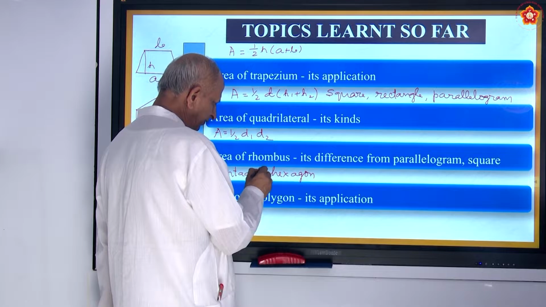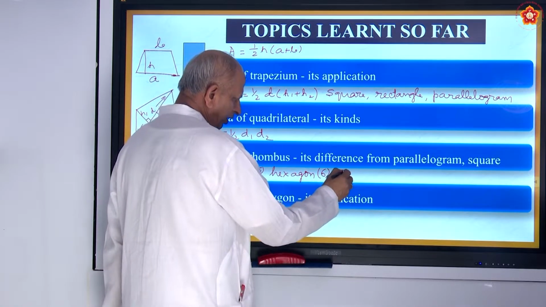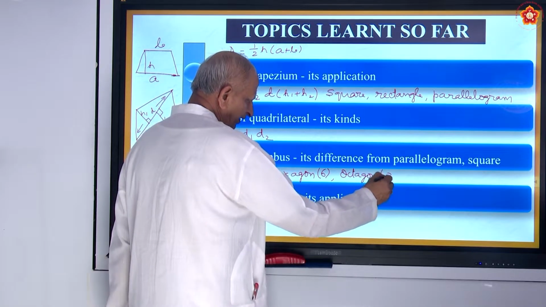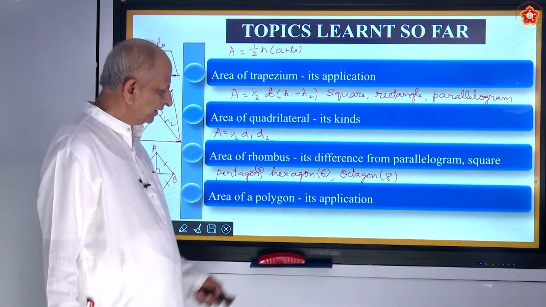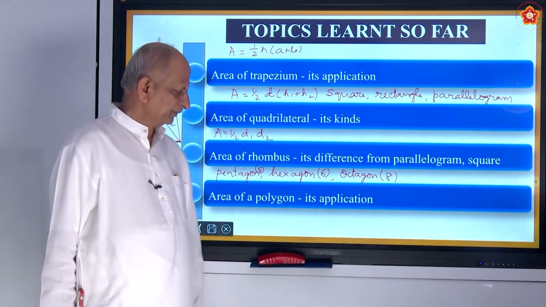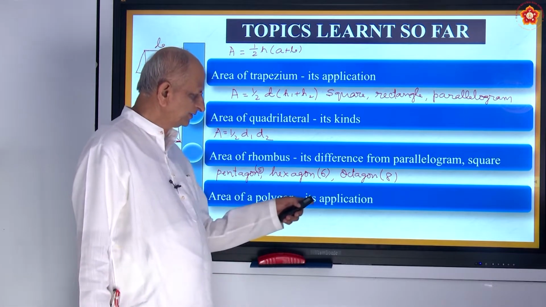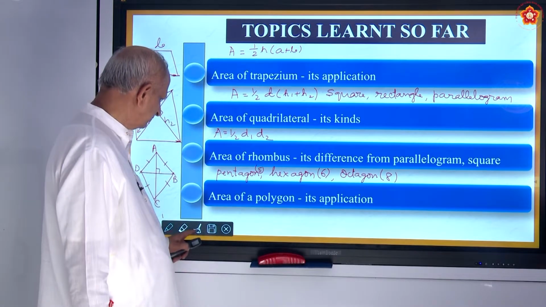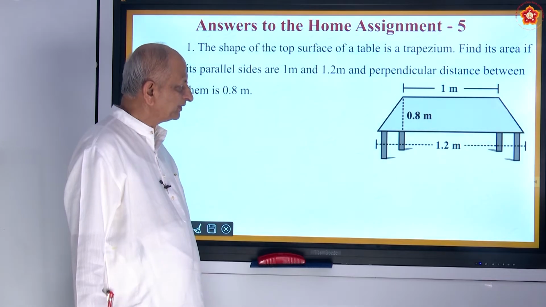So pentagon has 5 sides, hexagon has 6 sides, then you have octagon with 8 sides, etc. These are all called polygons. Again, in the case of lands, they are more useful. That also we have seen in the last, in the case of areas of lands. Okay, so with this previous knowledge, we will pass on to home assignment.